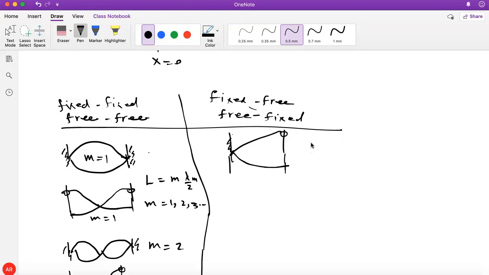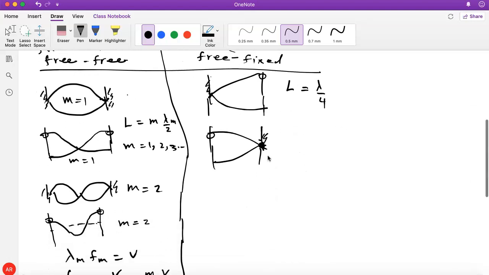So here, L is lambda over 4, a quarter of lambda fits inside. And you can switch. It doesn't matter. If the fixed boundary is on this side and free is on this side, again, one finds the same thing. Now the node is here, the antinode is here.